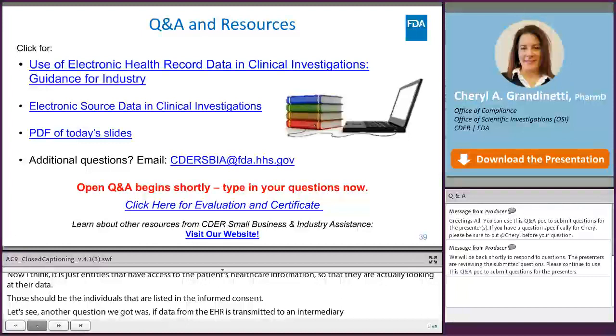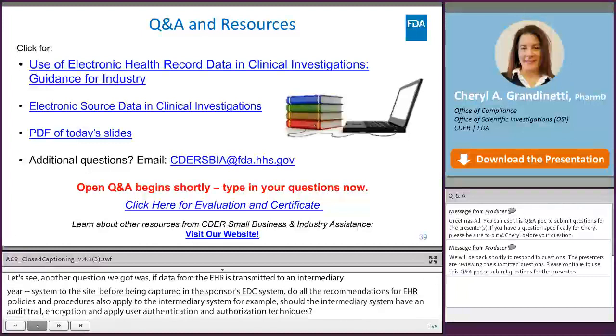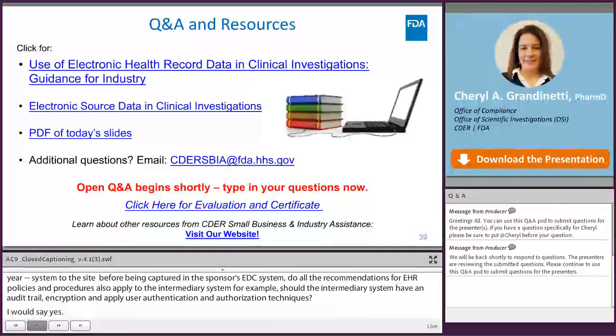I would say yes. That all of the same system attributes and other data integrity controls that I discussed in the presentation also apply to the intermediary system if data for the clinical investigation is going into that system before being transferred to the EDC system.